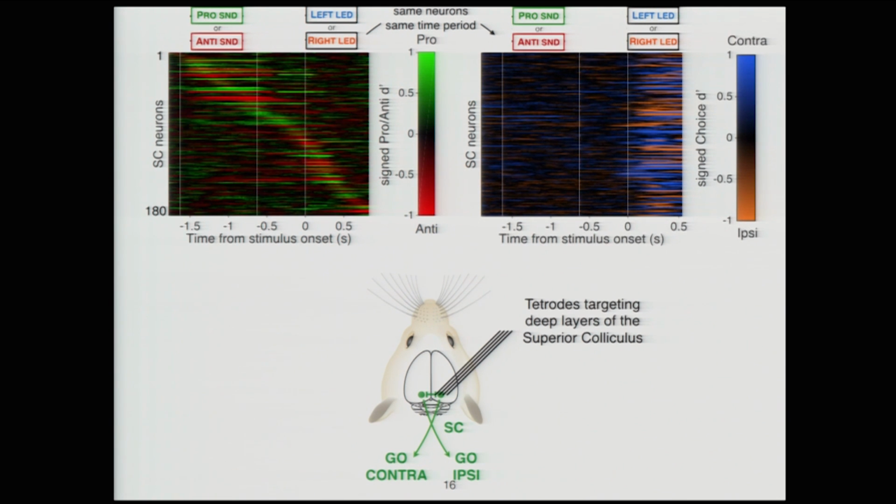And there's a big mixture of stuff. About half the neurons fire more during contralateral motion, about half the neurons fire more during ipsilateral motion. And there's no obvious relationship between whether a neuron was a pro-preferring or anti-preferring neuron versus whether it's a contra-preferring neuron or an ipsi-preferring neuron. So what you might think of as a heterogeneous mixed representation.